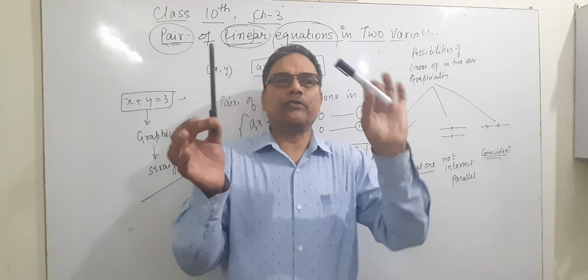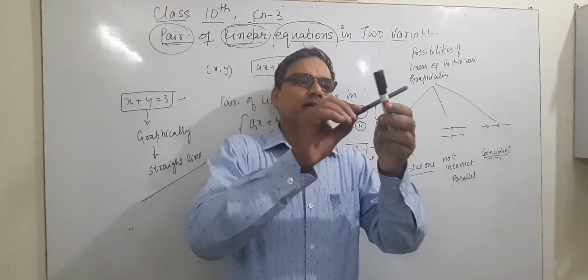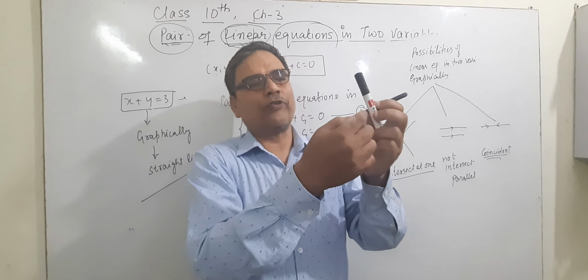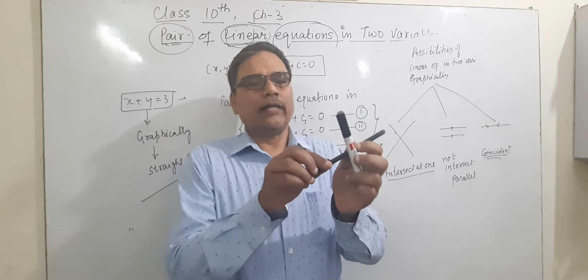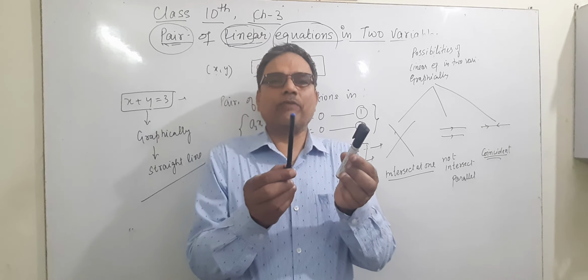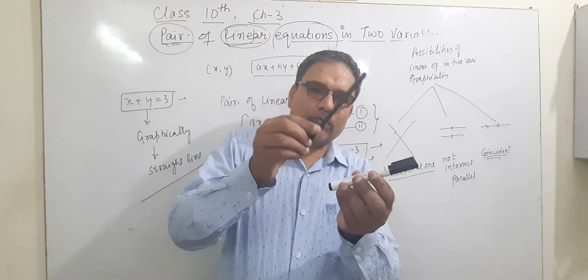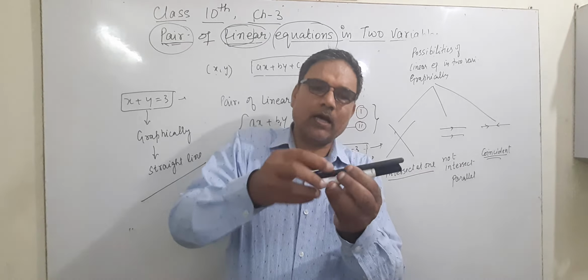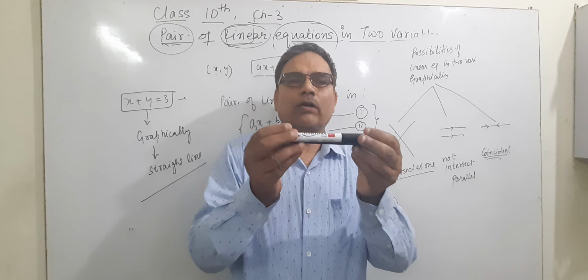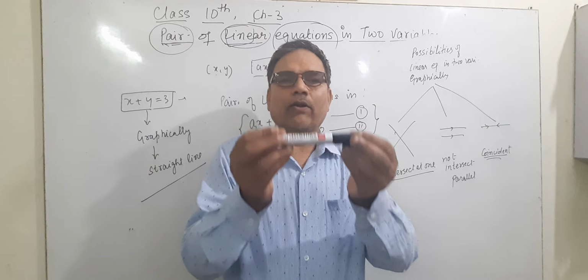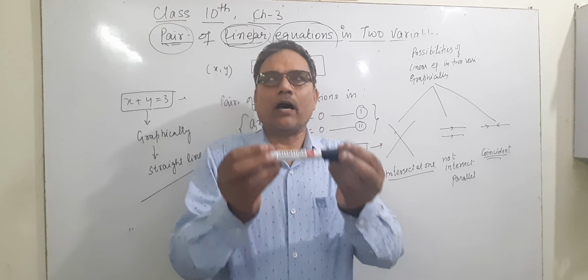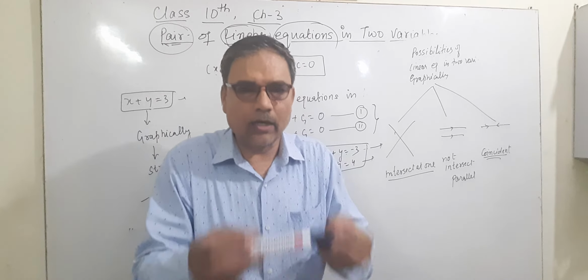If you draw the graph, this will be a straight line, this will be a straight line. With a point of intersection, there is one point; in parallel they never intersect; coincidence means one line covers the other, only one line is visible, and we say they coincide with each other.